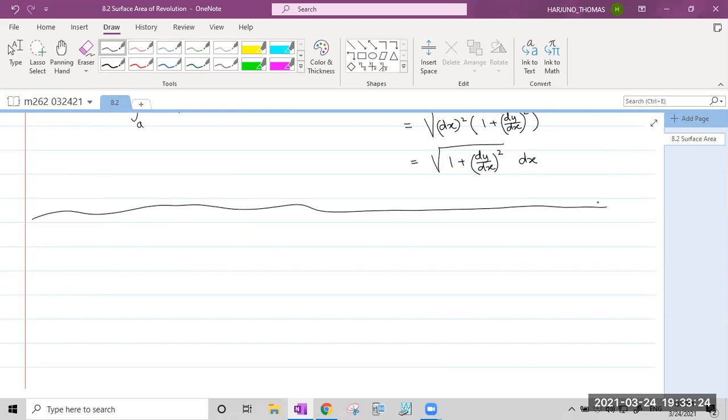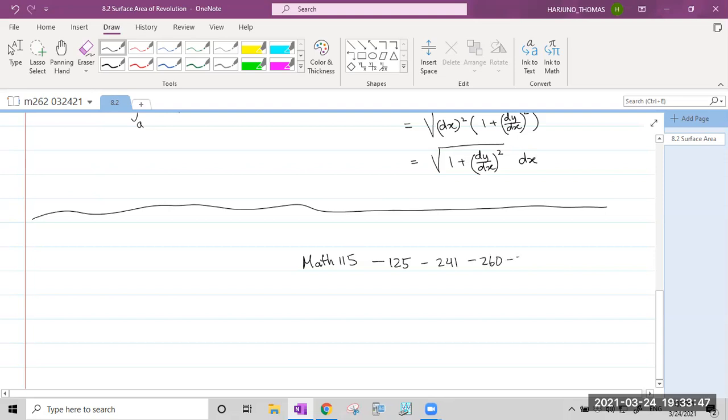Some little story. I have a student who took my beginning algebra, Math 115, many years ago. He got an A in my beginning algebra. And he's a good student, don't get me wrong. Then he took 125 with another teacher, and then 241, 260, 261, 262, each with another teacher, and in 263, he took me again.